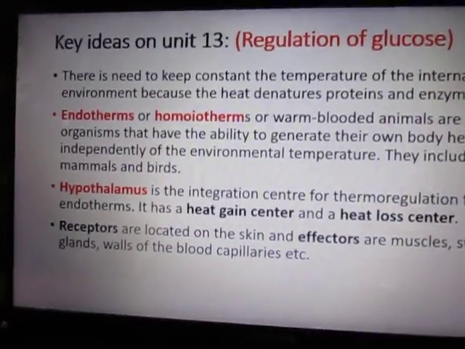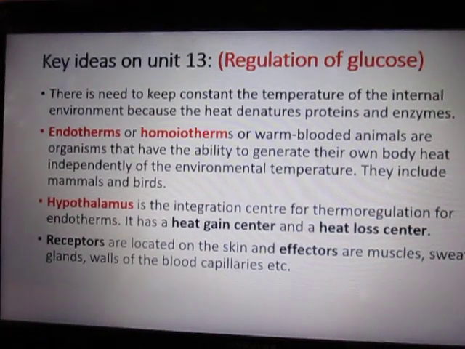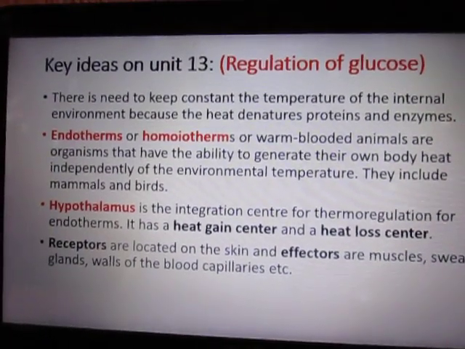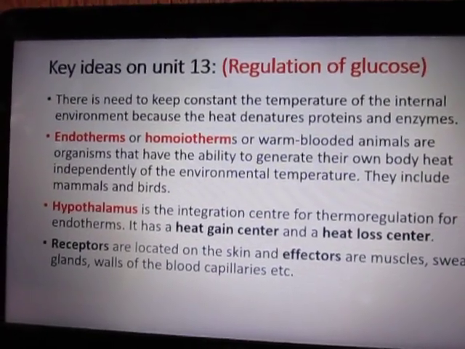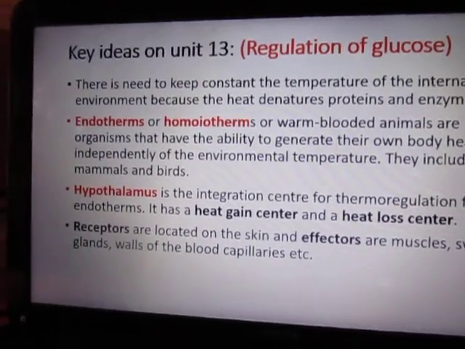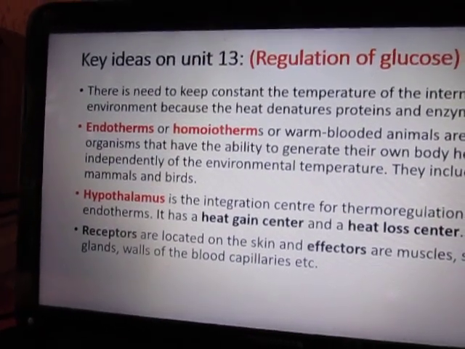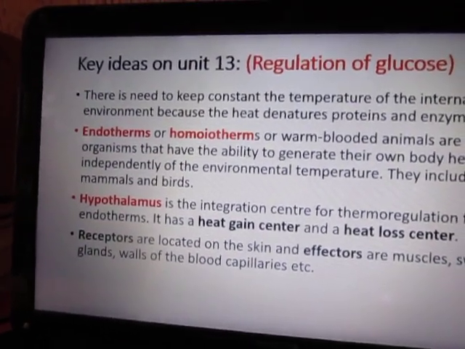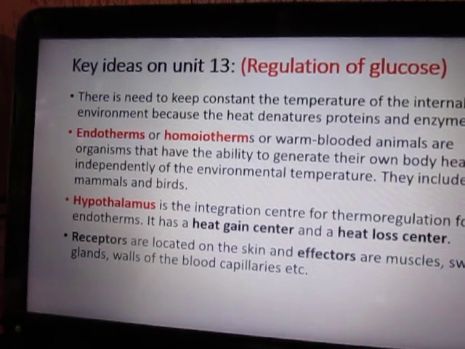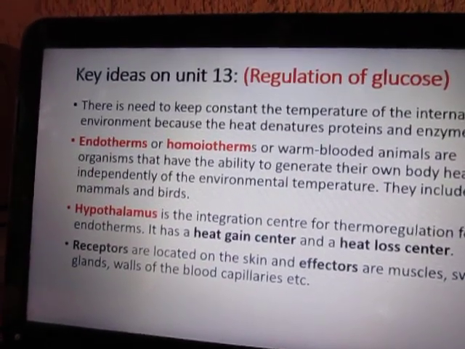We should say that there is a need to keep constant the temperature of our internal environment. Why? Because if there is too much heat, it can denature the proteins by making them lose their secondary and tertiary structures, and it can also denature the enzymes.